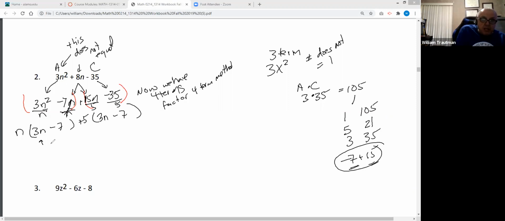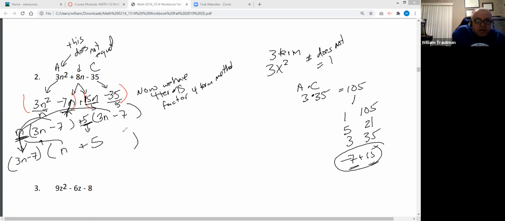So with 4 terms, I put a parentheses here, and I'm factoring out the 3n -7 in front. What's left over? N plus 5. And this is the final answer.